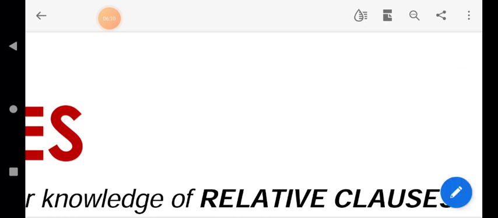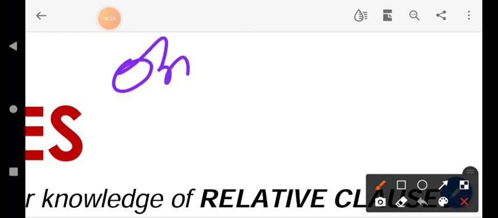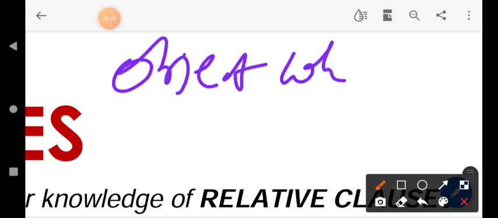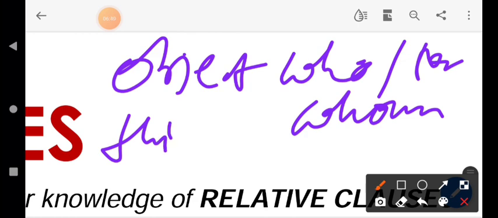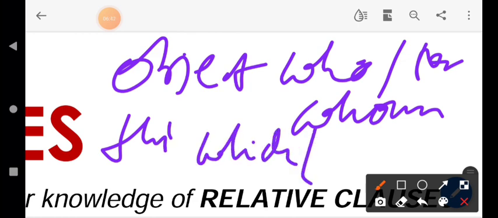And in the object position, not the subject, we use who or whom for persons, both are preferable. And in the object position for things or objects, which or that, both are reasonable to use as a relative pronoun.